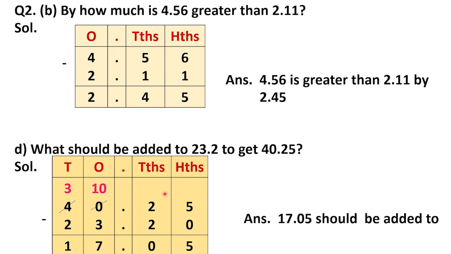So when we are subtracting 5 minus 0 we get 5. 2 minus 2 is 0. Decimal point will come below the decimal point. Then 3 cannot be subtracted from 0, so we have taken borrow from 4. 4 will become 3 and this 0 will become 10. So 10 minus 3 is 7. 3 minus 2 is 1. So our answer is coming 17.05. That means 17.05 should be added to 23.2 to get 40.25.